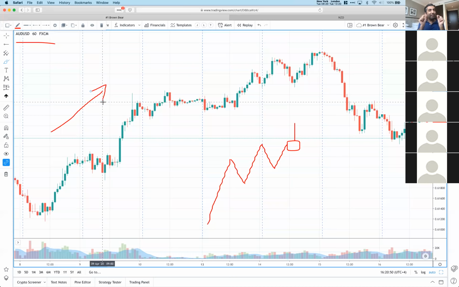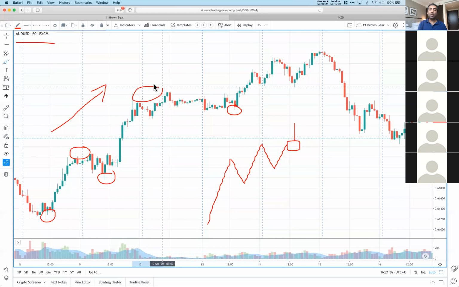But what exactly is making them say up? It is the idea of the low points getting higher and higher, and the high points getting higher and higher, okay? So the concept of higher high, higher low sequences makes a person say it is an upflow, okay?